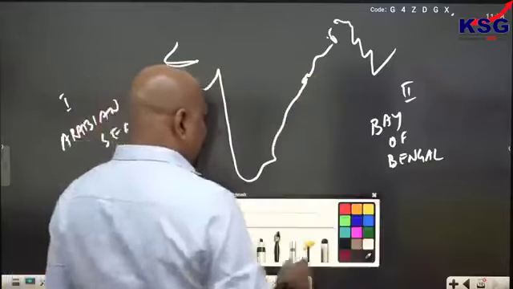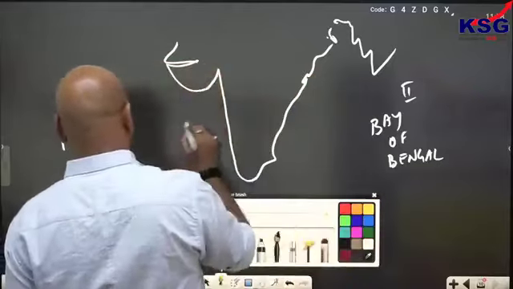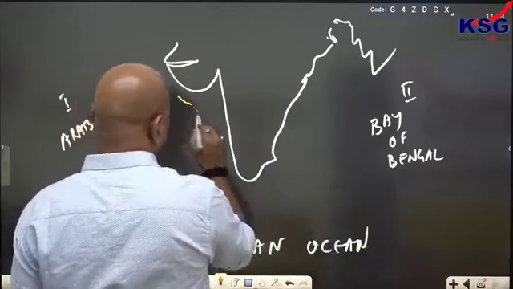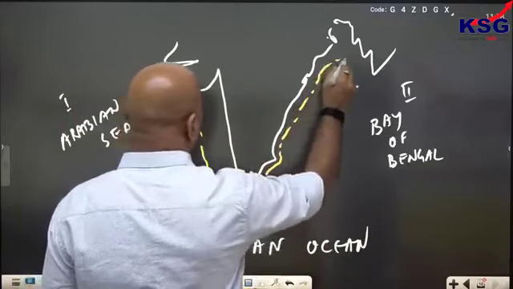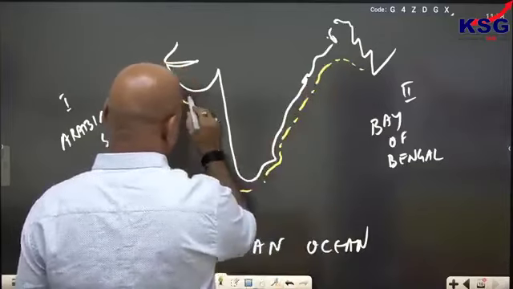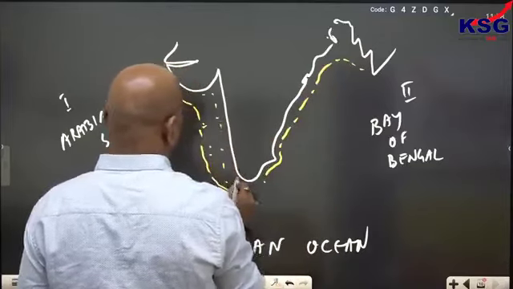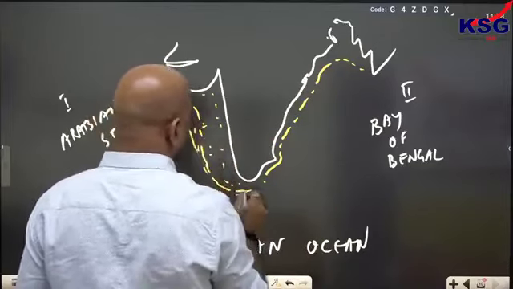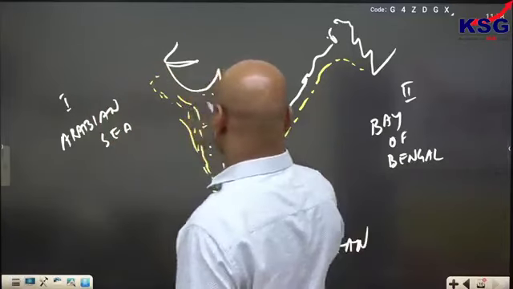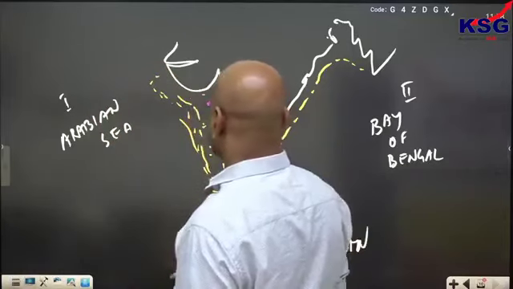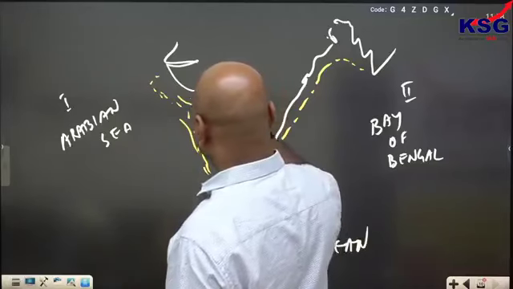You are absolutely correct here. This is the Arabian Sea. The Arabian Sea area has a wider continental shelf than the Bay of Bengal. And here you have this region, Bombay High.